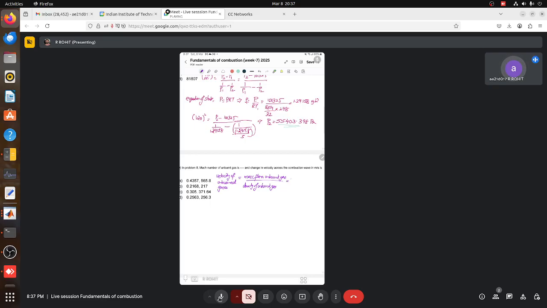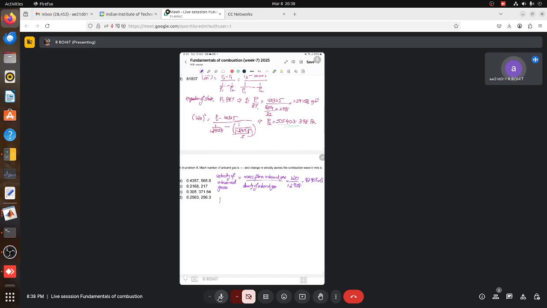So mass flux is given as 120, and density of unburned gas we determined 2.15985. So it will come to 92.909 meter per second.